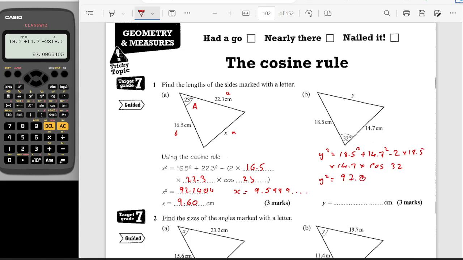Miswrote. 97.08664... So y is going to be equal to the square root of that, so just less than 10. This time we're looking at 9.85325... So I'm going to go 9.85.